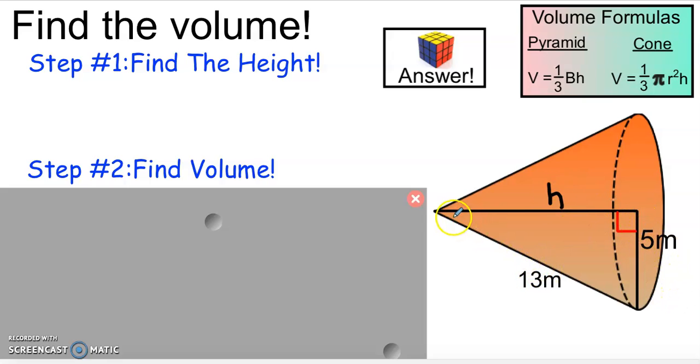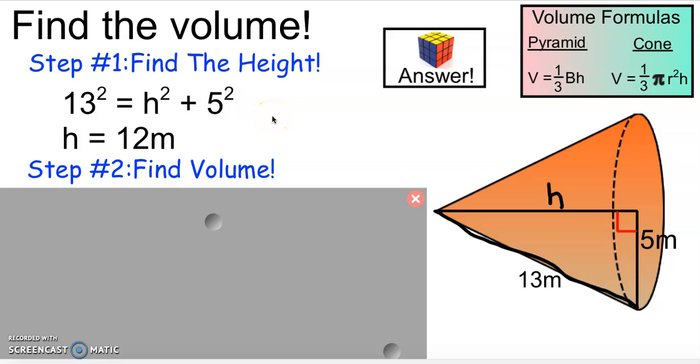So the hypotenuse of this right triangle would be 13. So when I set up the Pythagorean theorem, I can go 5 squared plus height squared equals 13 squared. There might be another way that you might have known how to do this. You might have recognized it's a Pythagorean primitive. This is a 5, 12, 13, in which case then the height of this particular solid is going to be 12 meters. And then I'm just going to fill in the formula.